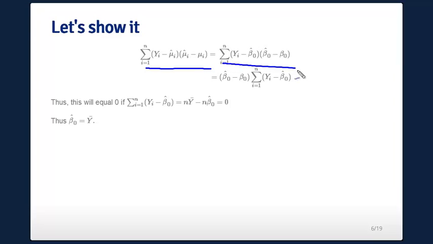So here we've converted, in this case, mu i hat to beta naught hat and mu i to just beta naught. And this term doesn't depend on i, so we can pull it out of the sum. And we get this sum right here. And that will equal 0, just expanding it out, if n y bar minus n beta naught equals 0, and then solve that for beta naught hat, you get beta naught hat equals y bar.